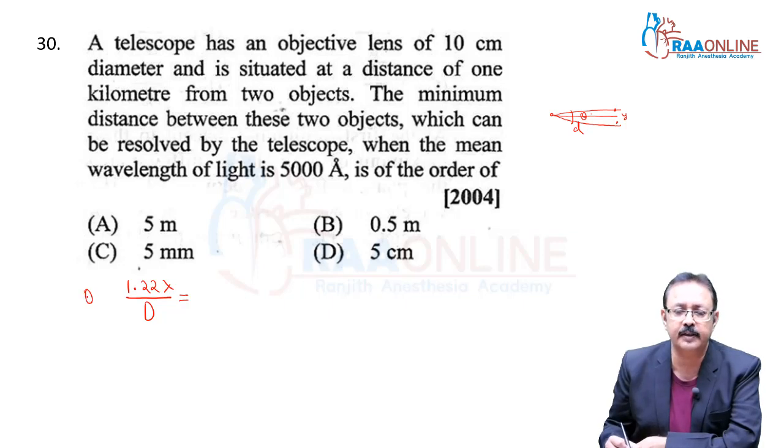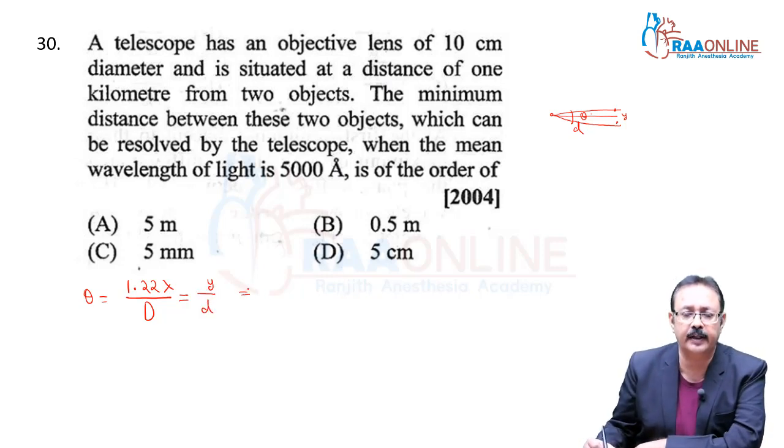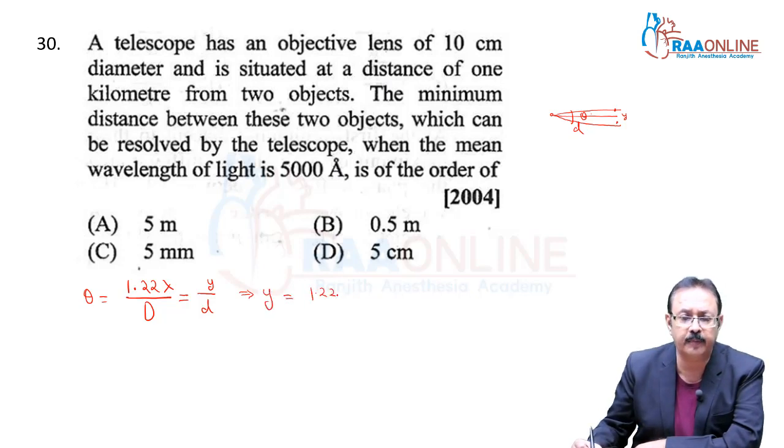One formula is this and one you can get from this arc upon radius. So for this we can calculate y is equal to 1.22 lambda into d divided by capital D. For a telescope it is this 1.22 lambda.